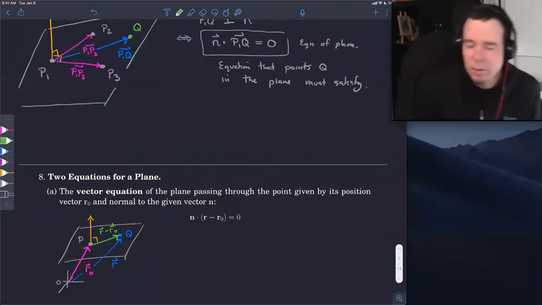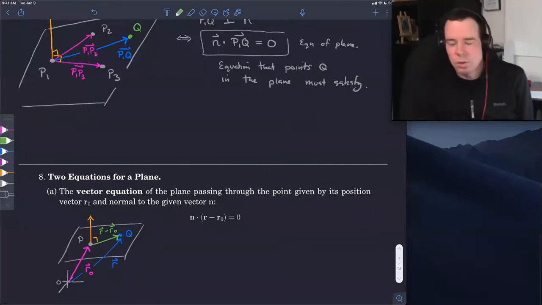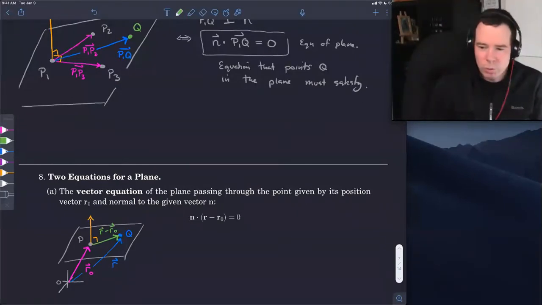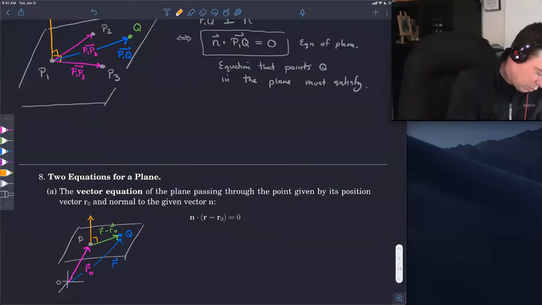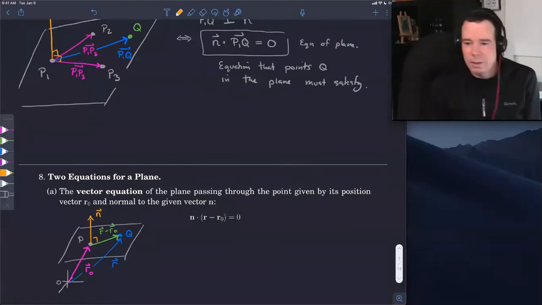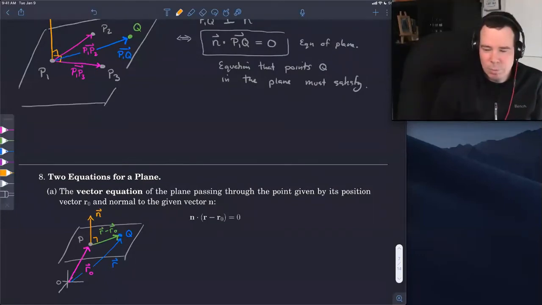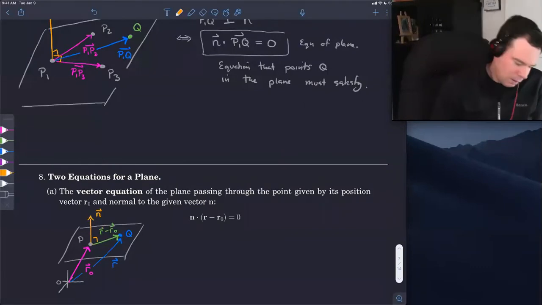Again, the idea was to introduce vectors so that we could do operations on them, like addition and subtraction, because we can't do those on points. So we talk about points by their position vectors. And now we've got all the information we need in this diagram, because that point Q lives on the plane precisely when r minus r naught, that vector from P to Q, is perpendicular to n.